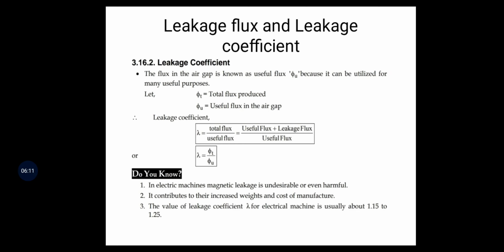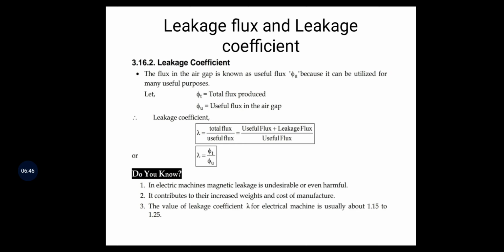Next we are discussing leakage coefficient. The flux in the air gap is known as useful flux, phi u, because it can be utilized for many useful purposes.